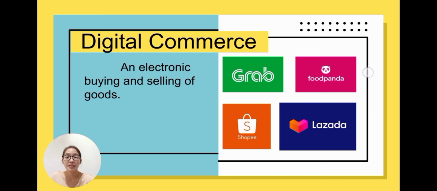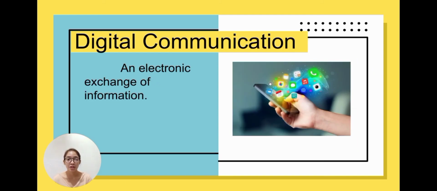The third one is the digital communication. It is an electronic exchange of information. As we all know, just like in the pictures, there are a lot of applications being used, right?